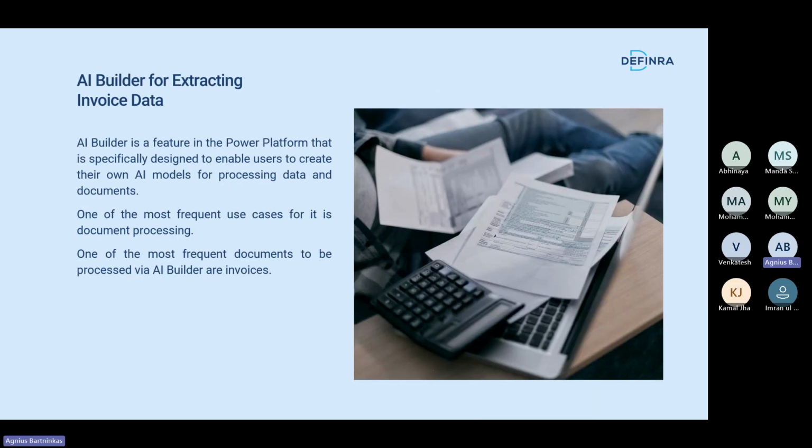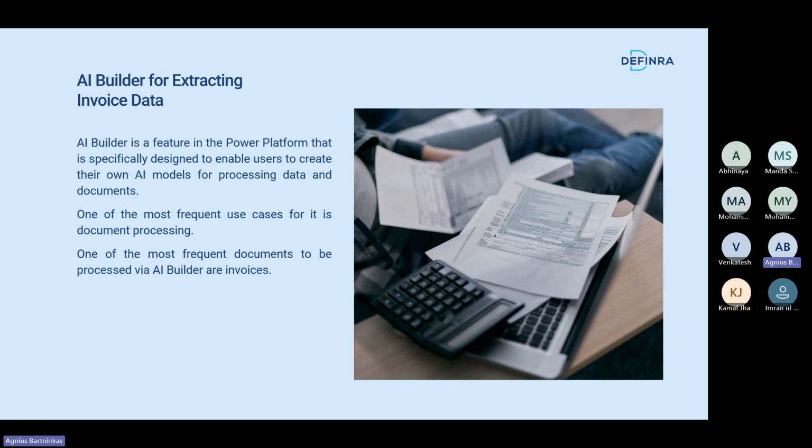Right. So as mentioned, unless we want to automate just a few of our suppliers, and if we want to work with more of them, if we want to automate the majority of them, we will need some intelligence in our flows. And the intelligence in terms of the Microsoft ecosystem and the Power Platform is in the AI Builder.